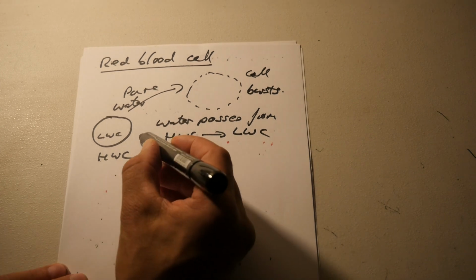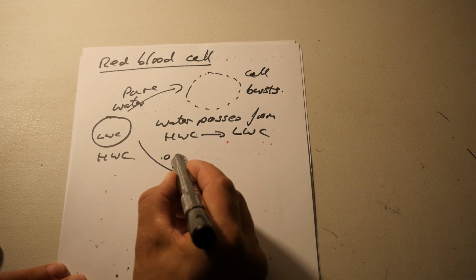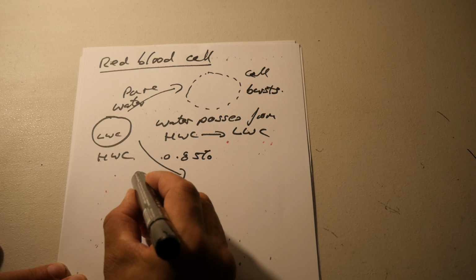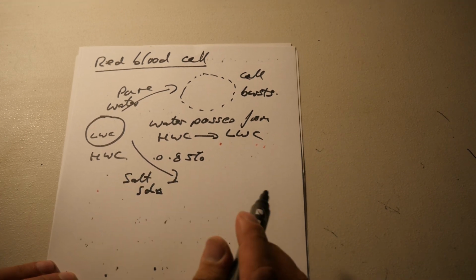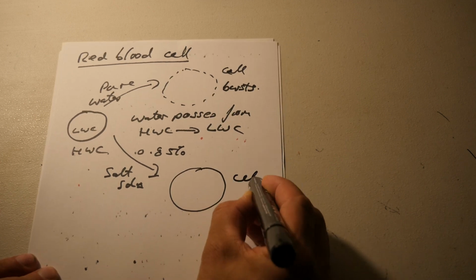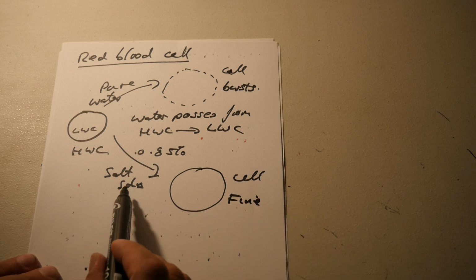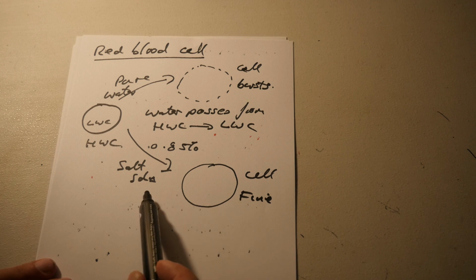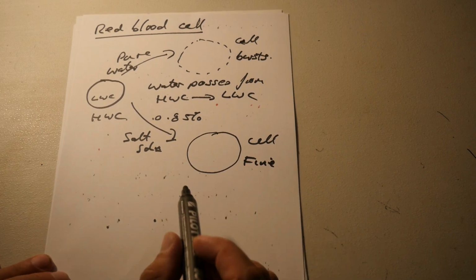If you have a 0.85% salt solution, the cell remains normal, it's fine, because the salt concentration of our bodies is 0.85%. Water doesn't go in or out. There's no gain or loss of water.